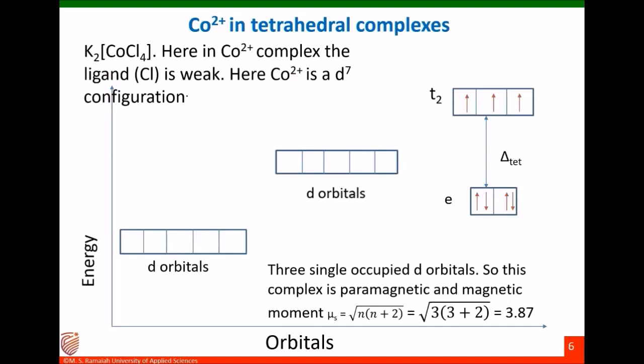So here there is no internal pairing, and even if there is internal pairing, I don't think there will be any difference in the electron filling process. So in d7 configuration, irrespective of whether it is a strong ligand or a weak ligand, this is a paramagnetic compound.